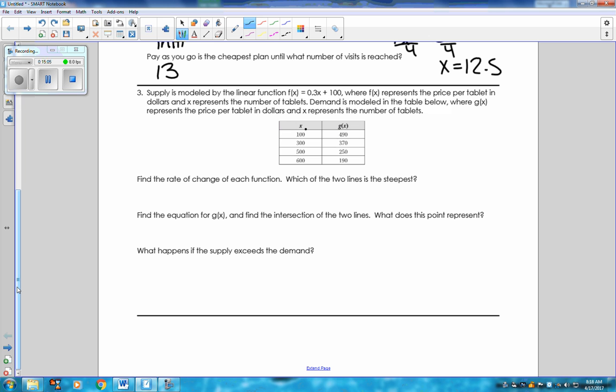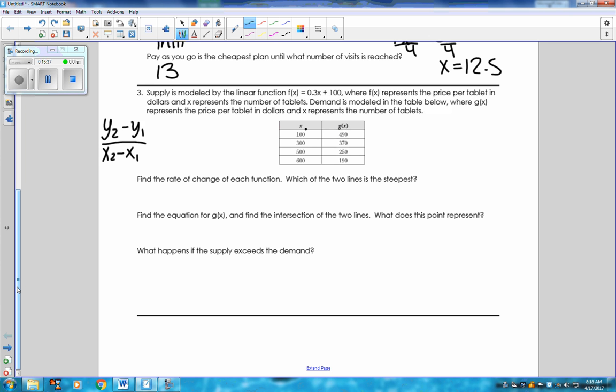So how do I find the rate of change of an equation? Okay. So y2 minus y1 over x2 minus x1. Am I given a y and an x in the equation? But can we find a y and an x? We can.